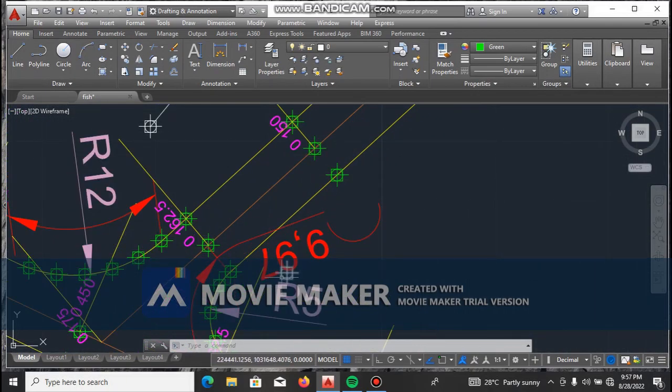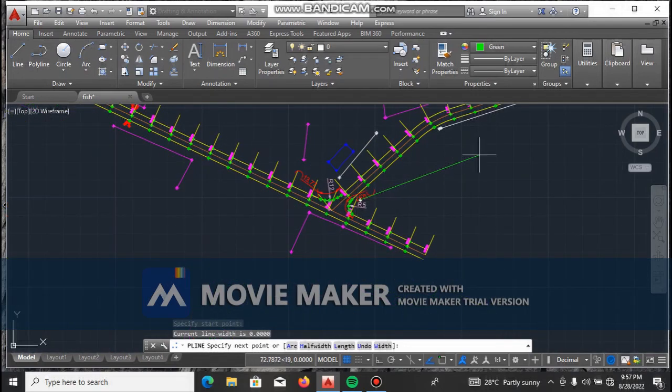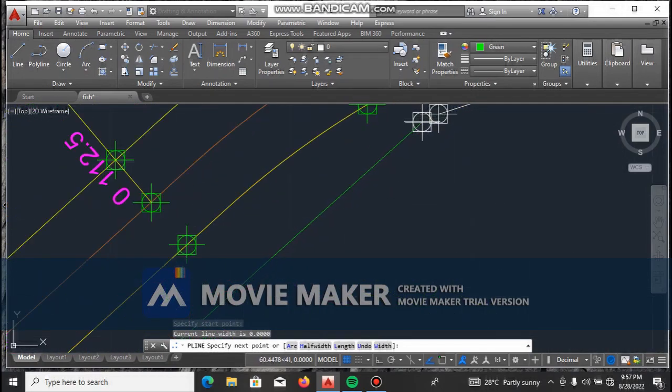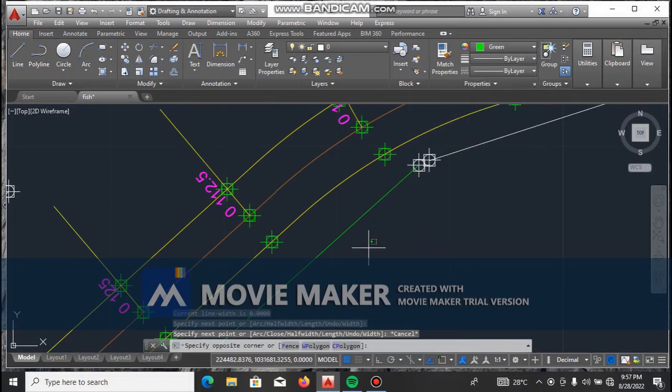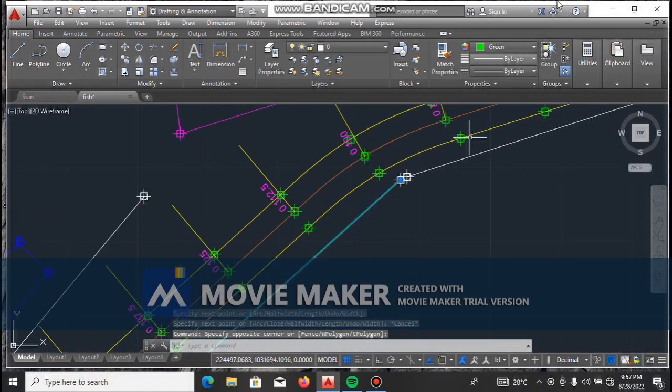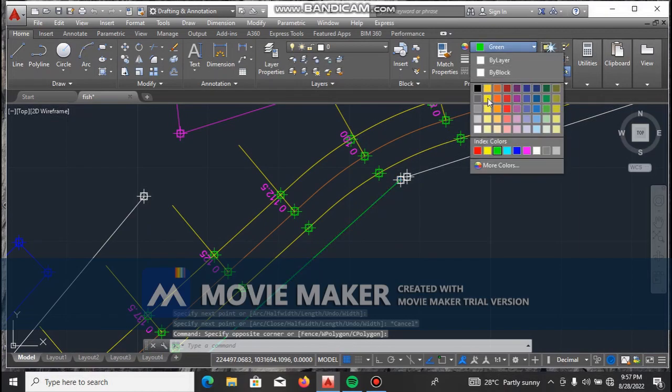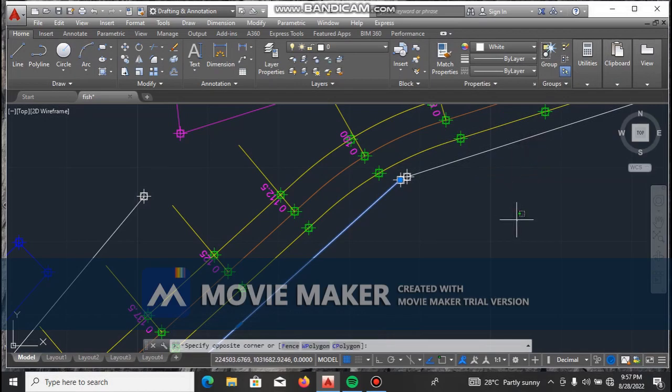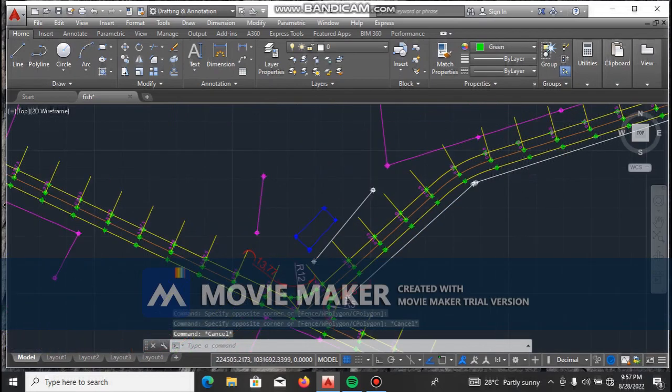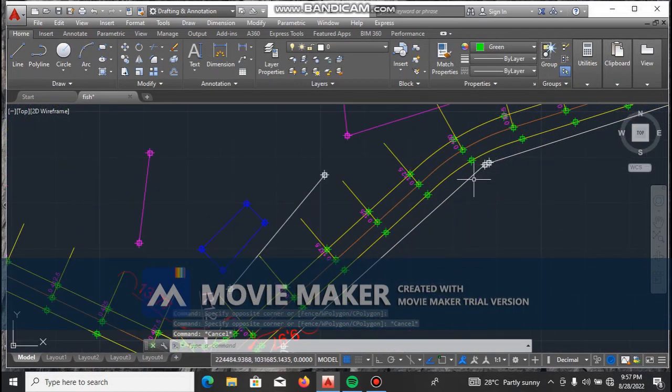This is another limit here. So if you like, we may join this from here to here to make our limit complete. So all these is our extent. We can't pass this. This is just like a fence.